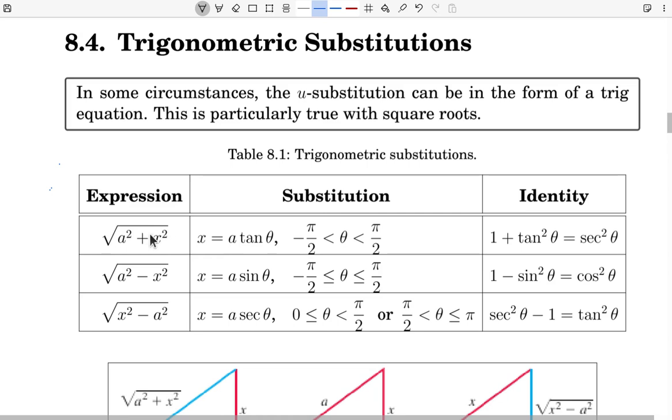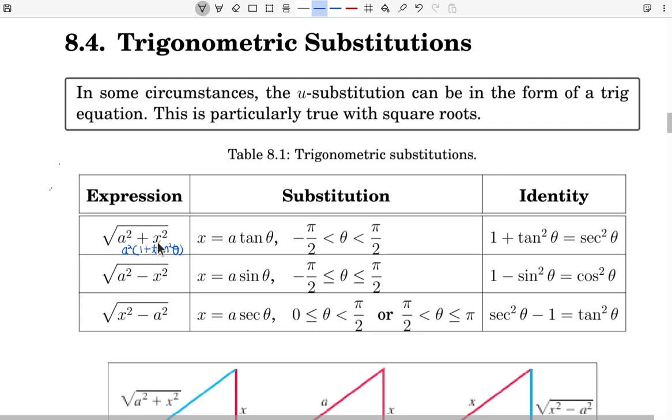Then inside the radical, a squared is common, and that will be 1 plus tangent squared theta, so that a can go out, and 1 plus tangent squared theta is secant squared theta, so you can eliminate the radical.